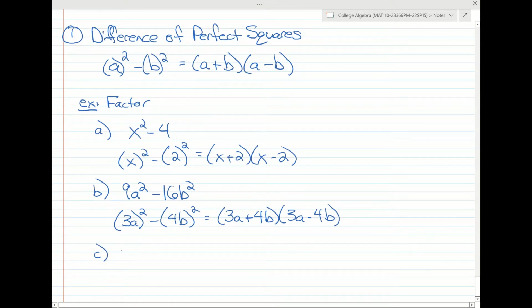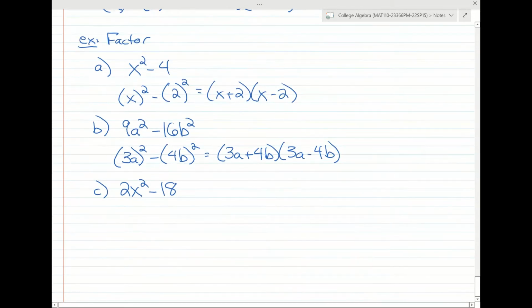Couple more of these. What if I gave you 2x squared minus 18? Does anyone know how to start something like this? All right, very good. We have to take out the GCF first. We don't want to start at step 4.